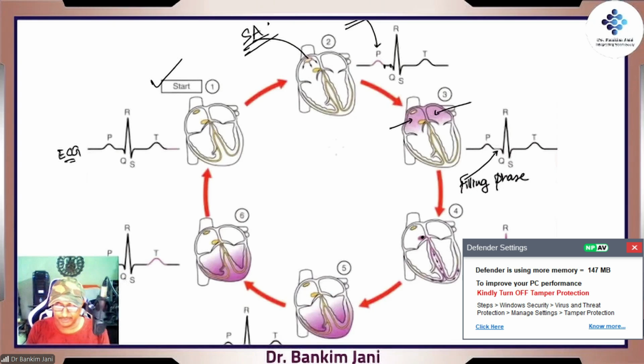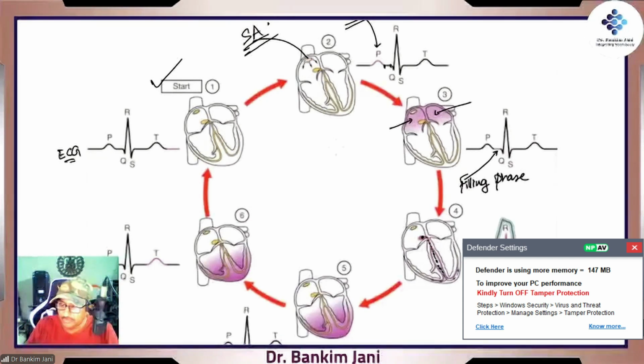Now the AV node will contract. The AV node sends the impulse all the way down, coming to the bundle of His, because from the bundle of His it will be given to the ventricles. As it passes through the bundle of His, we get this QRS complex.